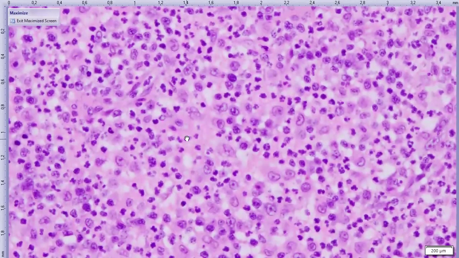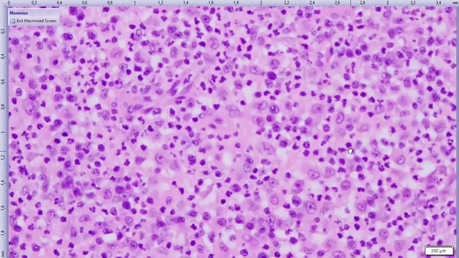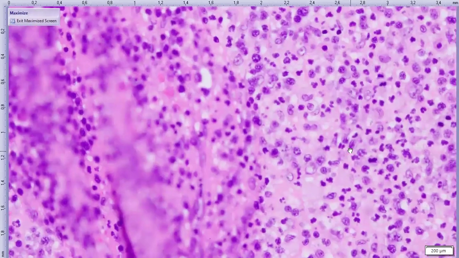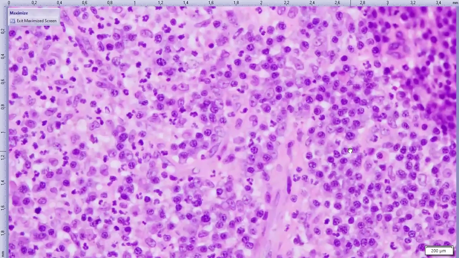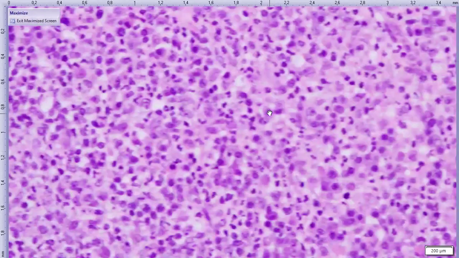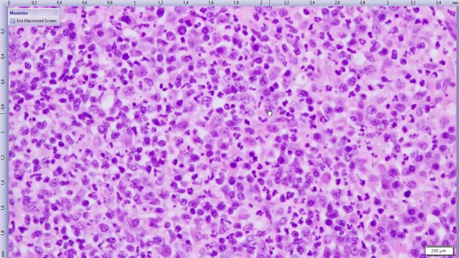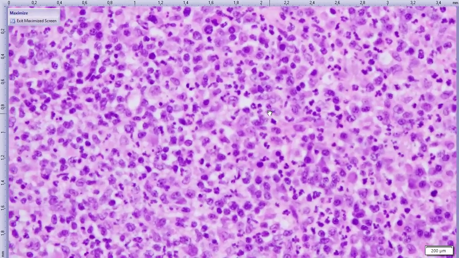So we have a lot of these segmented neutrophils here in a sea of these larger polygonal cells with these big, prominent nuclei. So these are macrophages. So we have a nice pyogranulomatous inflammation in here. There are also some plasma cells with these eccentric nuclei and these little perinuclear clear zones, and then some smaller lymphocytes in the background as well.